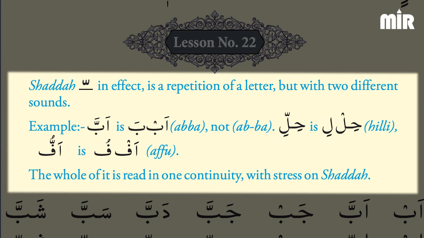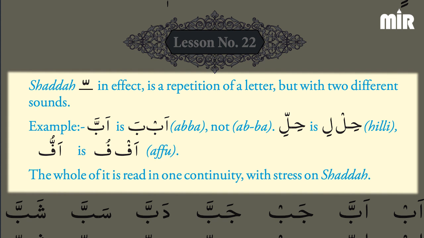If you see the first example, Abba is actually Ab and Ba, which means that if you see a letter has Shadda, that letter is actually two times. But if you see Ba, the first one has Jazm, the second Ba has Fatha.